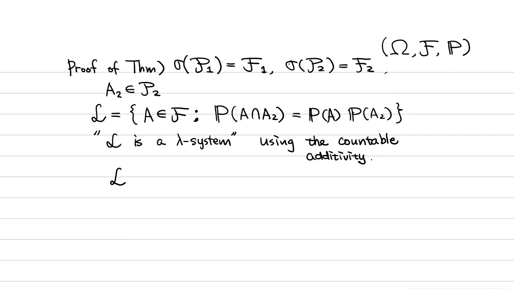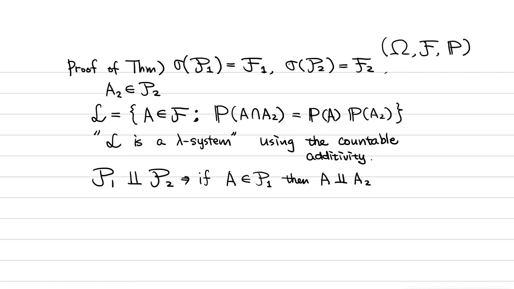In the theorem, we assume that curly P1 and curly P2 are independent, which means if A1 belongs to curly P1, then automatically the event A1 will be independent with A2, because A2 belongs to curly P2. And by definition, any event in curly P1 is independent with any event in curly P2.